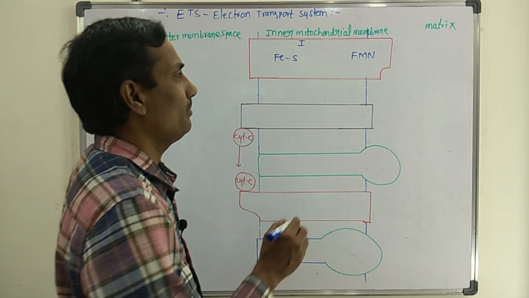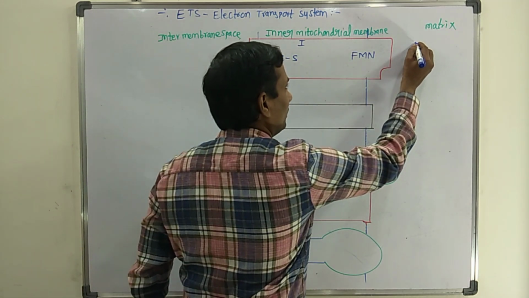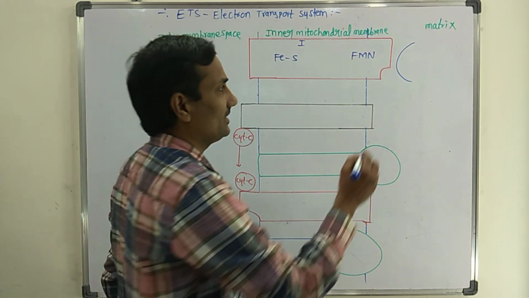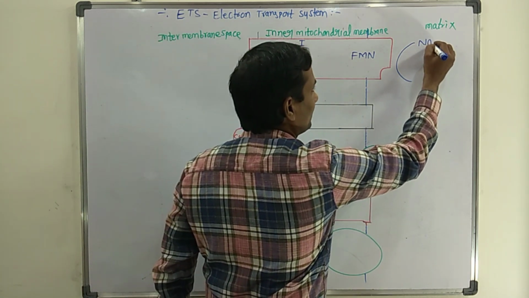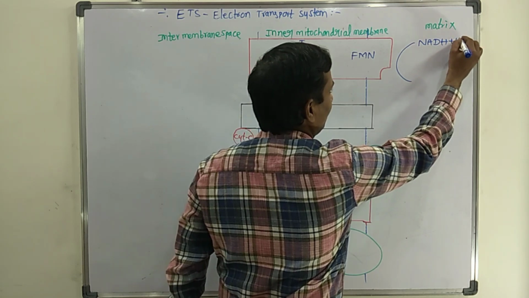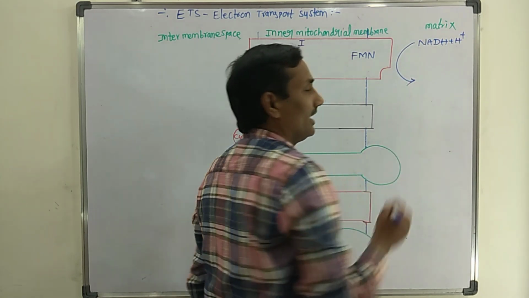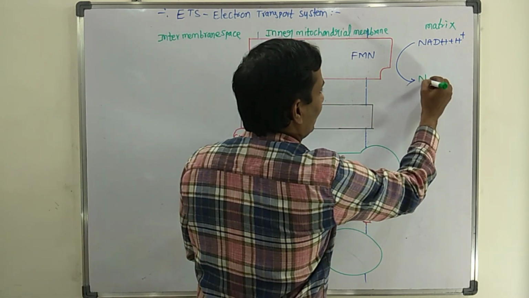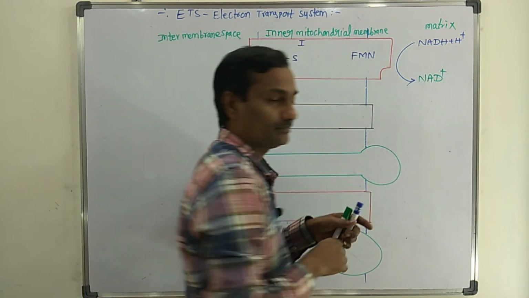So this FMN, what will it do? It is otherwise known as NADH dehydrogenase. Because of oxidation, NADH H plus is oxidized to NAD plus.